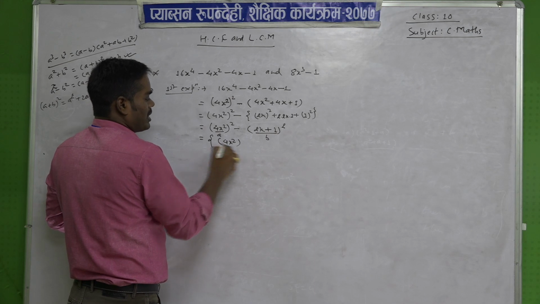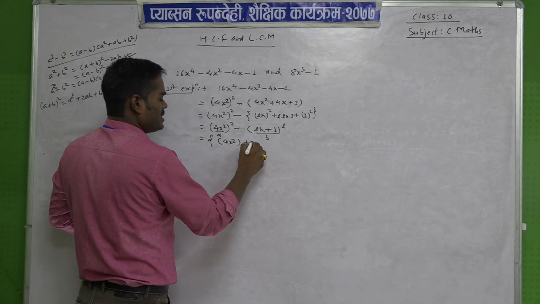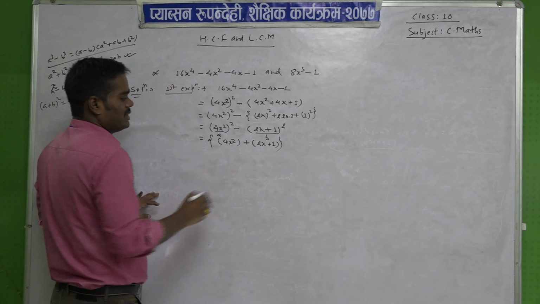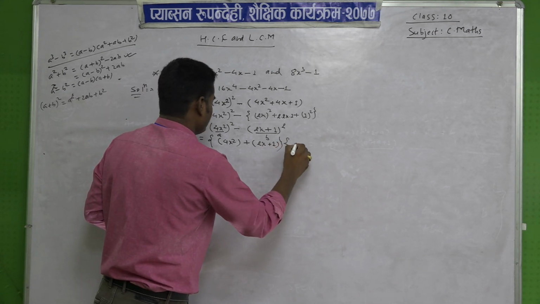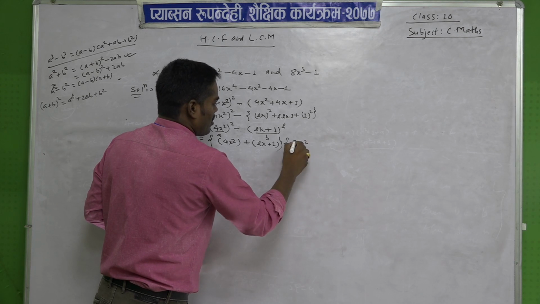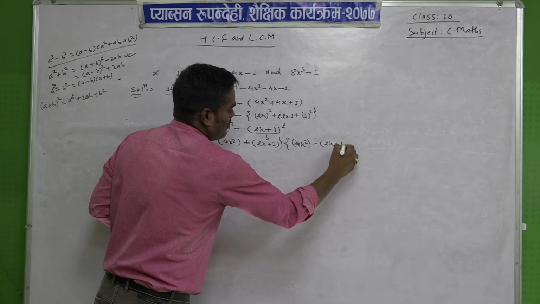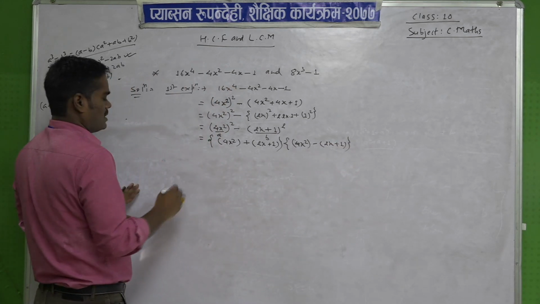So a plus b is one factor and a minus b is the other factor.